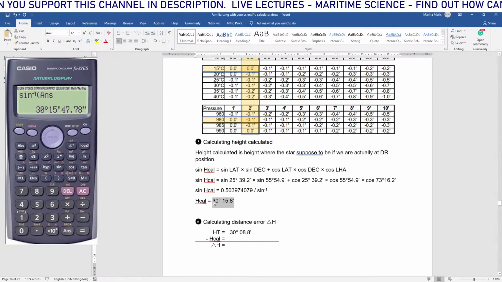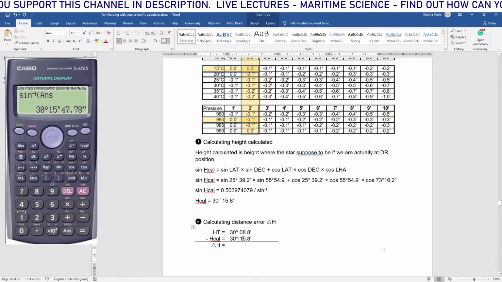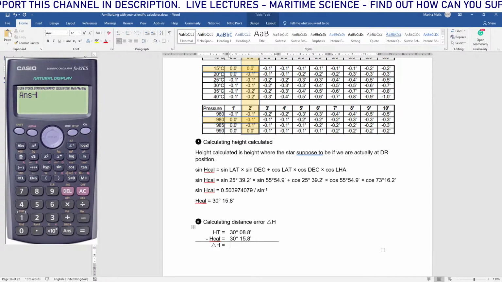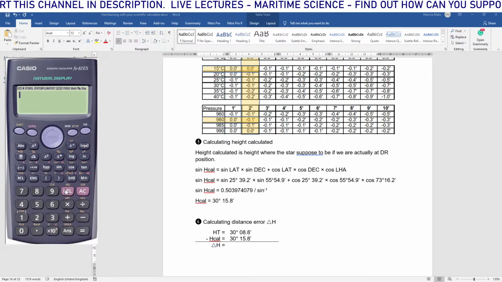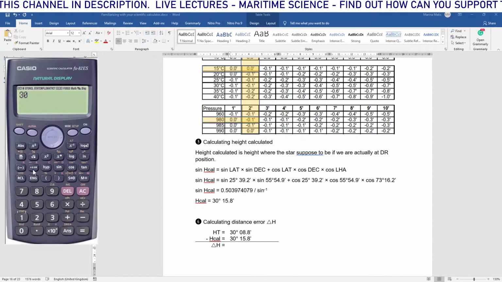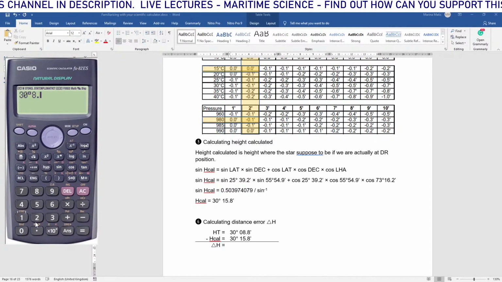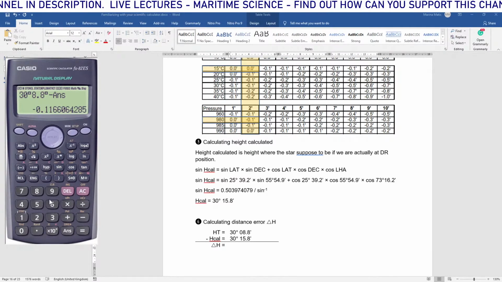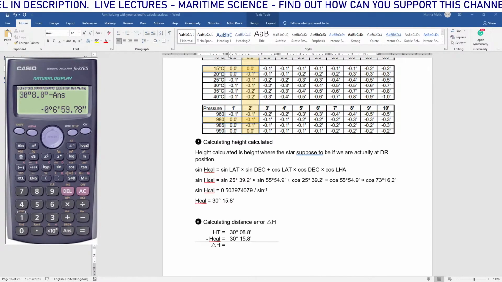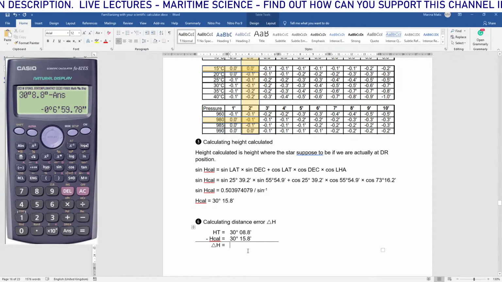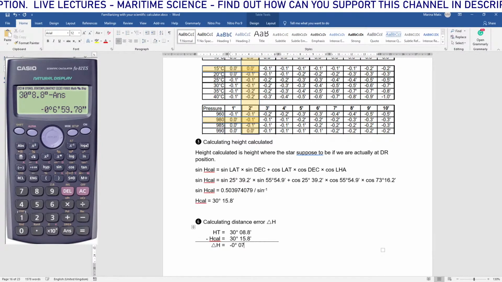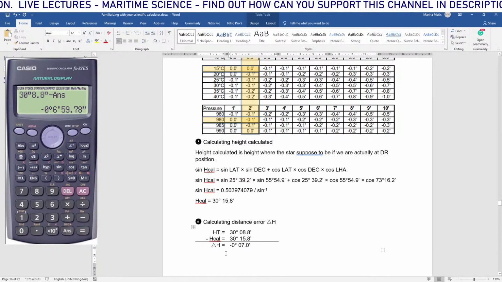Height calculated is 30 degrees 15.8. So 30 degrees 8.8 minutes minus that answer. Exactly 7. Minus 0 degrees, 7.0 minutes.